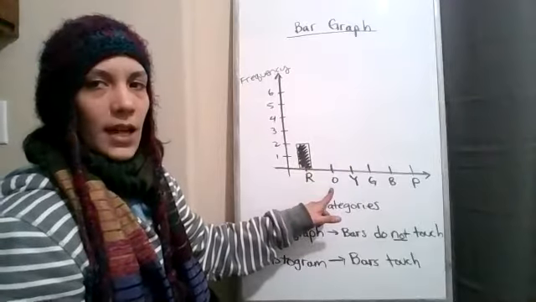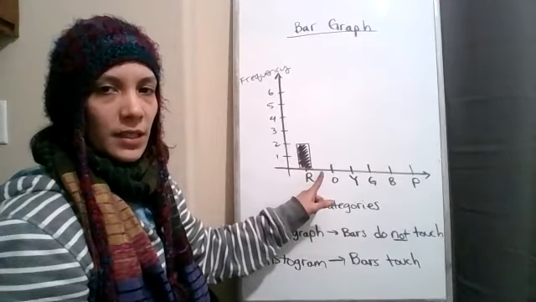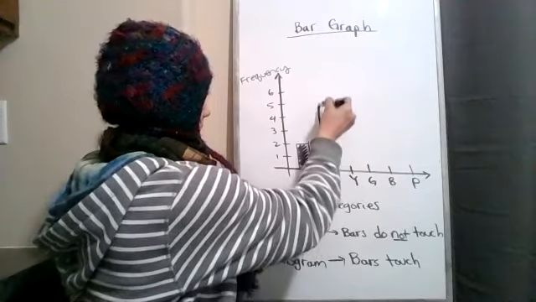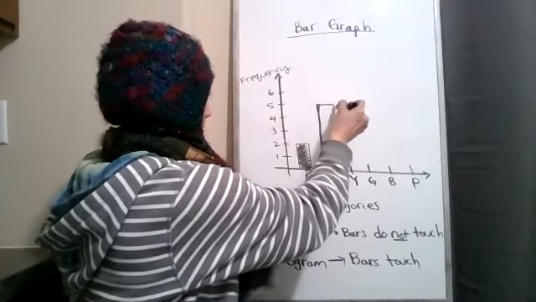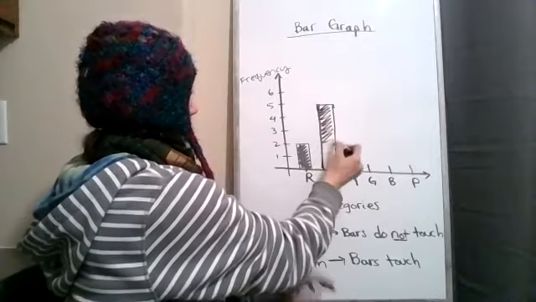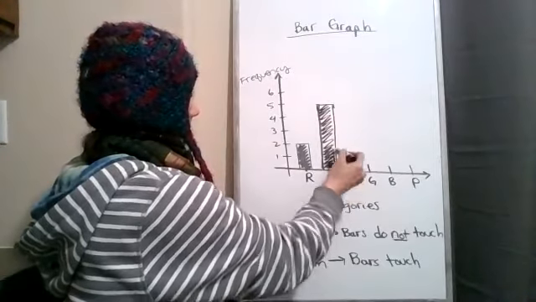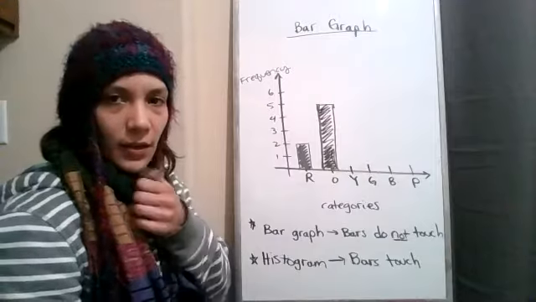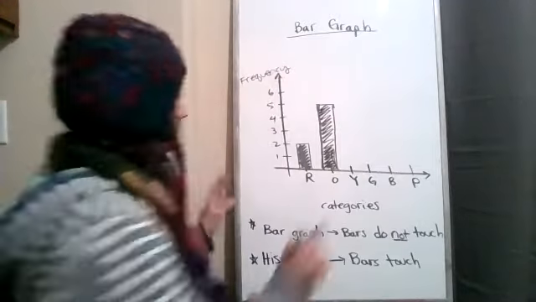Orange has height 5, and it's a bar that doesn't touch the other one. Yellow goes up to a frequency of 6.